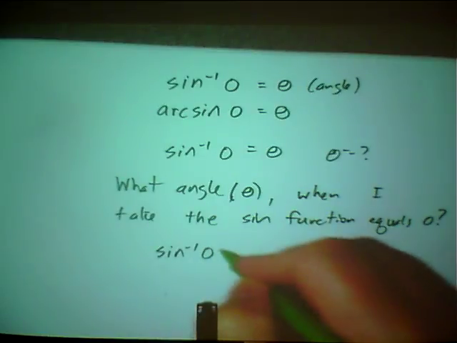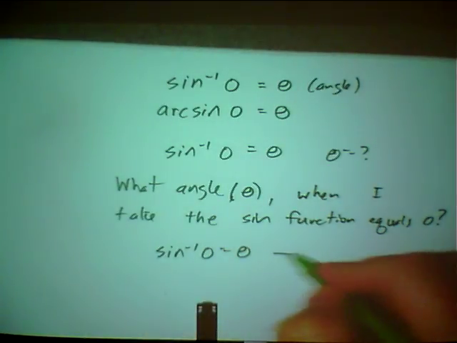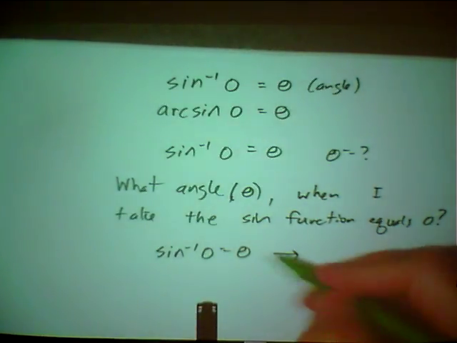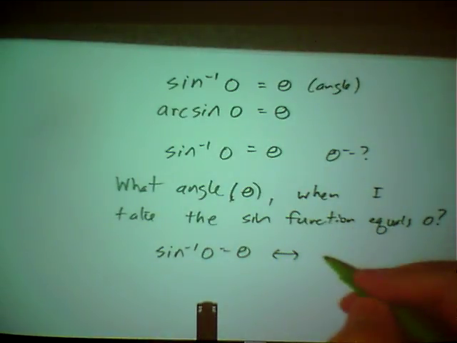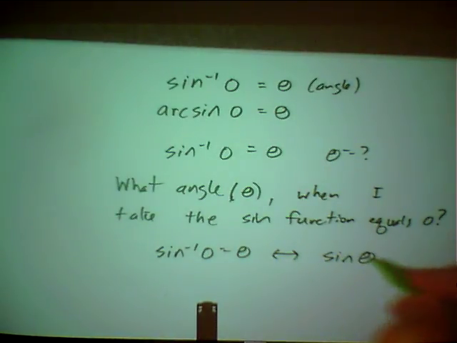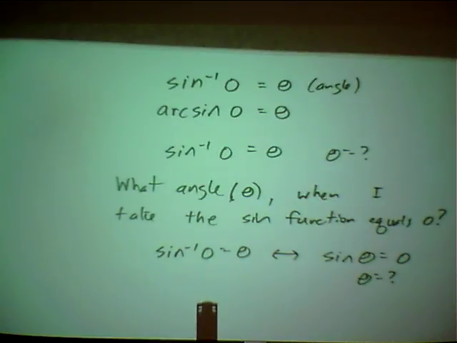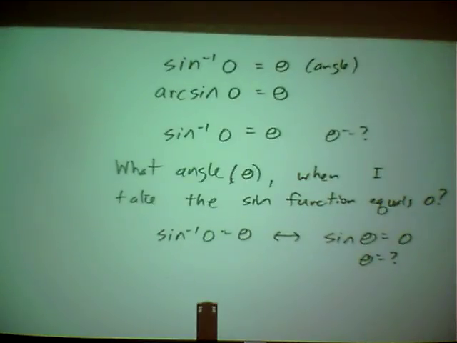If you wanted to, you can rewrite an inverse trig function as the sine of theta equals 0. So we're saying, so what does theta have to be? So you got that?